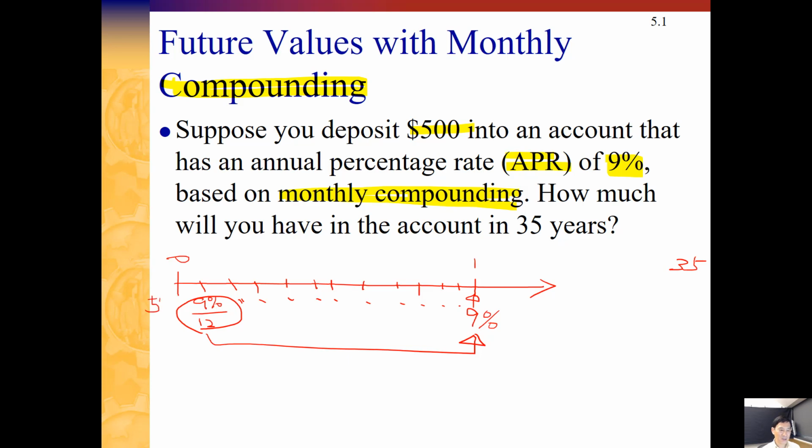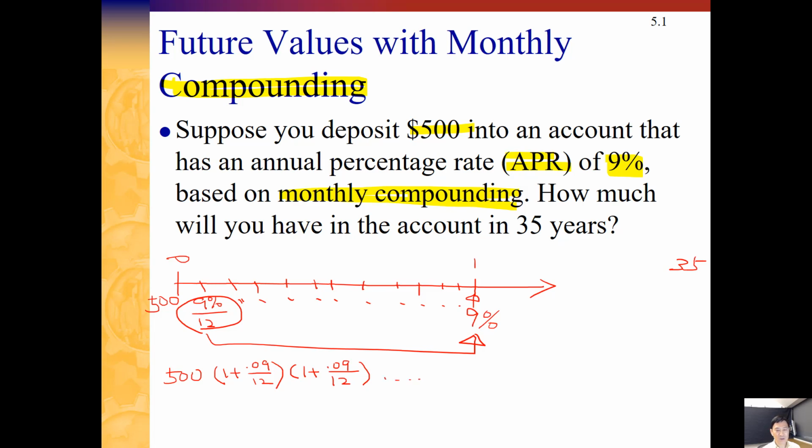So here's the original $500 investment, then 500 times 1 plus 9% divided by 12 will be your return after a month. And after the second month, you will earn additional 0.09 over 12 interest rate.